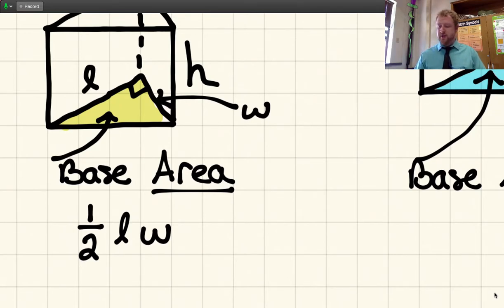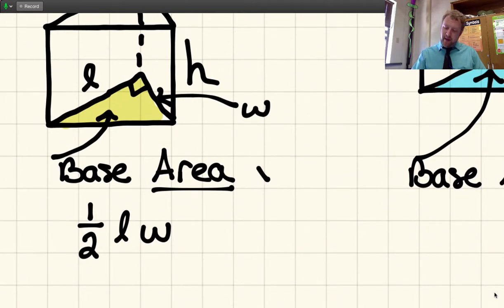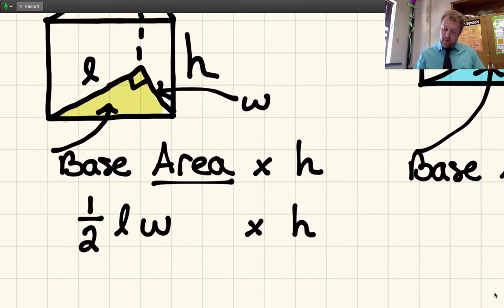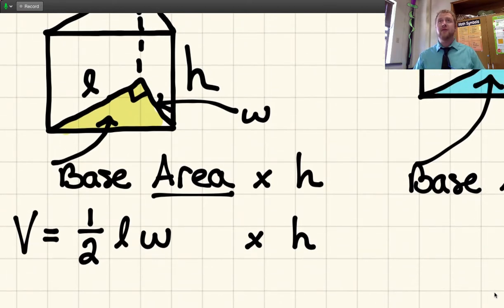Notice that's 3 dimensions. Then you take that base area and you multiply it by height. Notice my letters. I used L, W, and H.